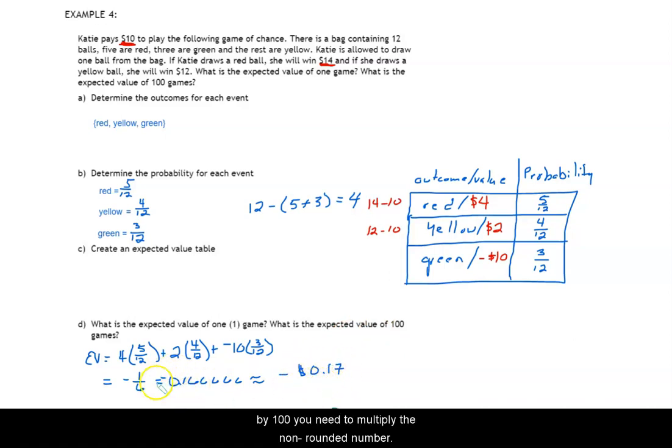You need to multiply the non-rounded number. Okay, so if we're looking at the 100 expected value, so we would say negative 1/6, that's for one event, times 100.